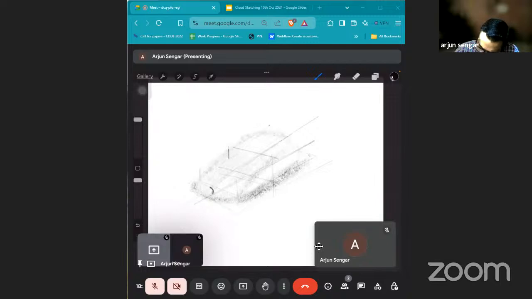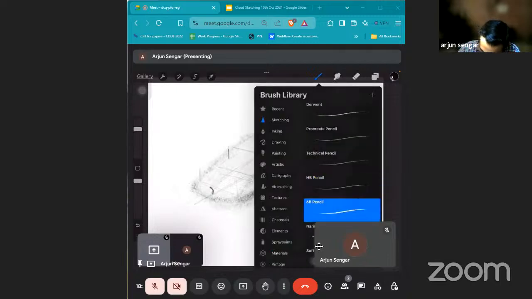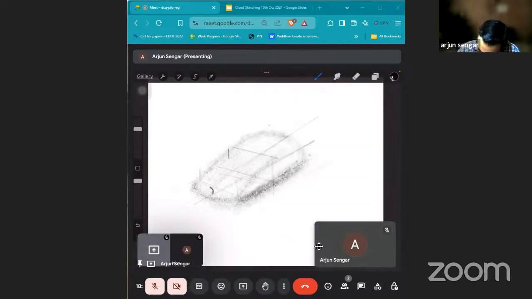there is no clear line. Now the form is emerging. Can you see this happening?